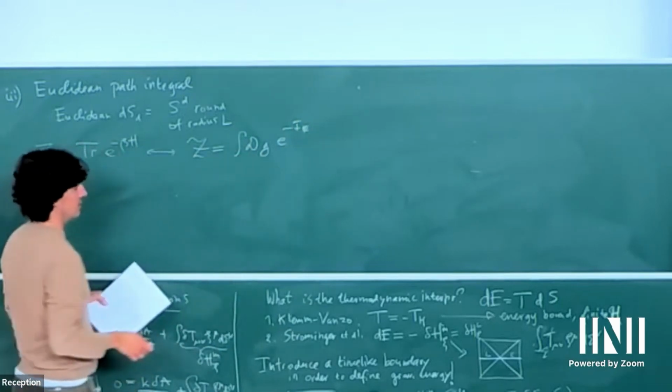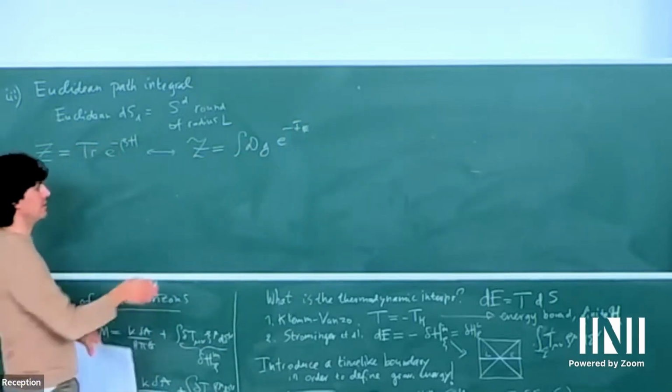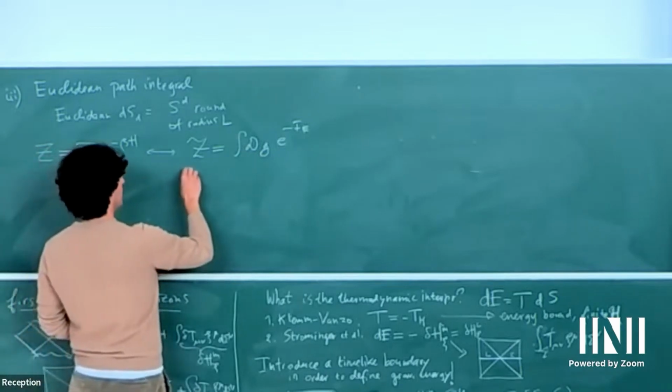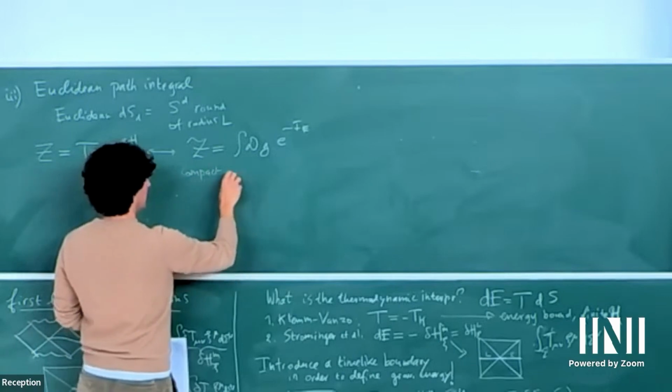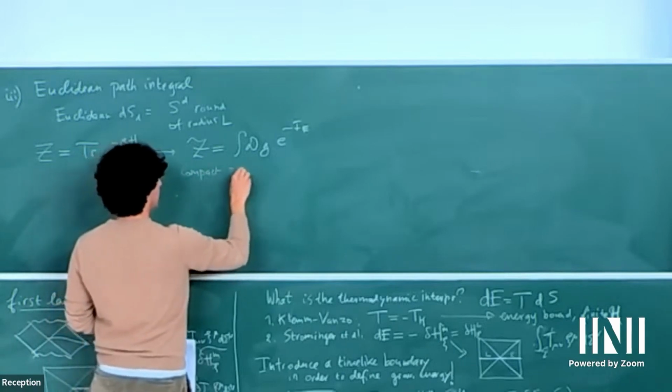And in the case of asymptotically de Sitter space, we want to integrate over compact positive curvature geometries.